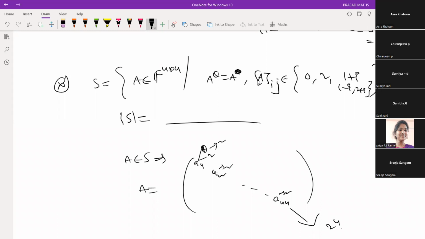Okay, good. Next, what about the remaining entries? How many possibilities for each entry? Four possibilities. Very good. Who said 4 possibilities? Chandra, very good. The element 2 plus I does not work out, because there is no conjugate of this 2 plus I. There is no 2 minus I. When you fill 2 plus I somewhere, you need to fill 2 minus I below the diagonal.